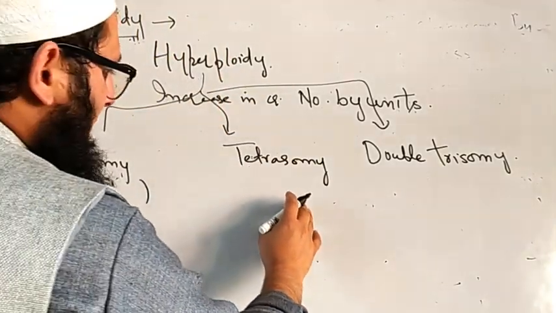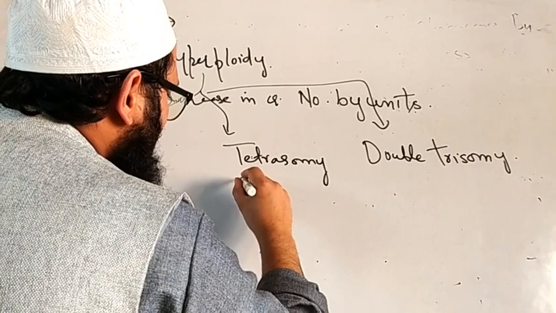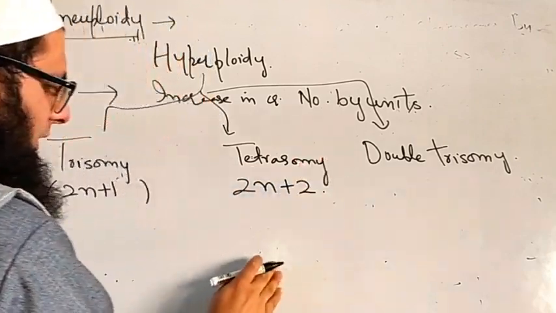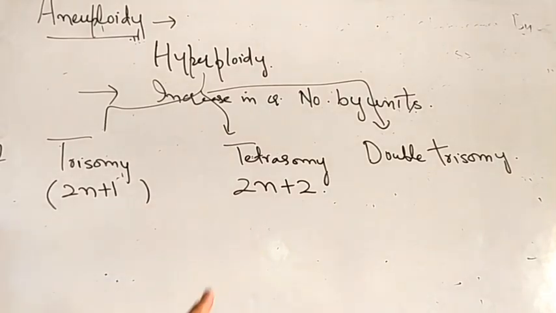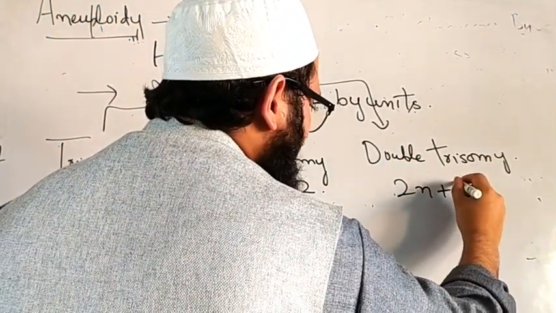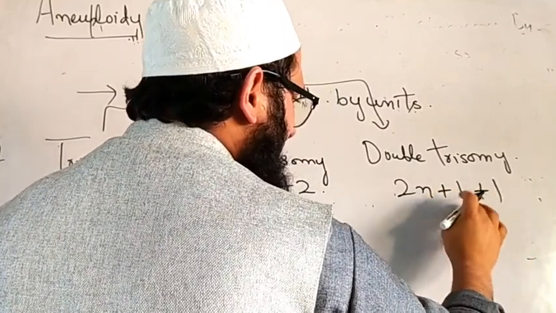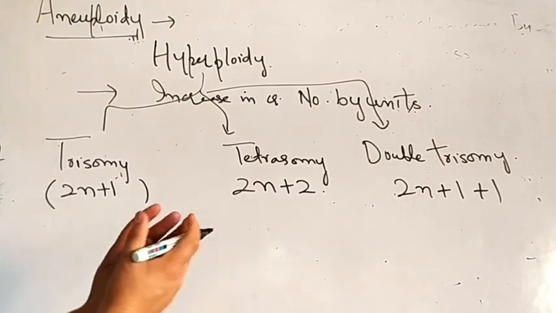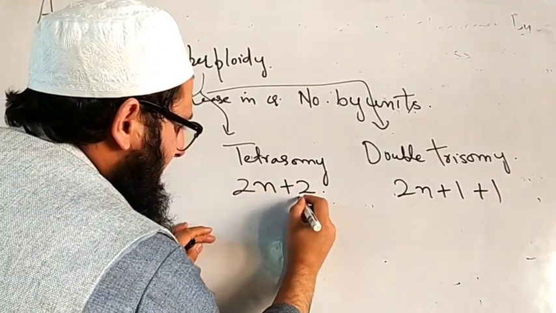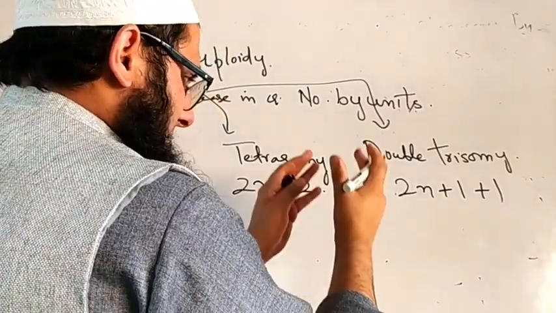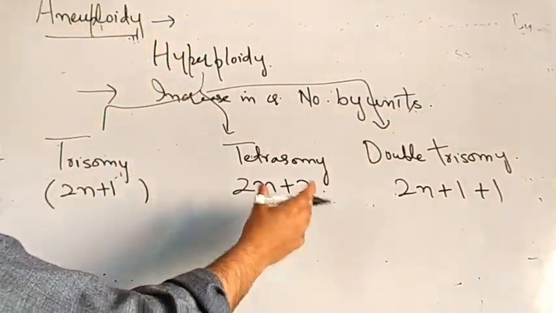In case of tetrasomy, we have about 2 extra chromosomes, 2n plus 2, 2 extra chromosomes are there, that's why we call it tetrasomy. In case of double trisomy, we have 2n plus 1 plus 1. So in both these cases, what we find, we are having the 2 chromosomes extra, 1 plus 1 is called 2, but we are writing it in different ways.